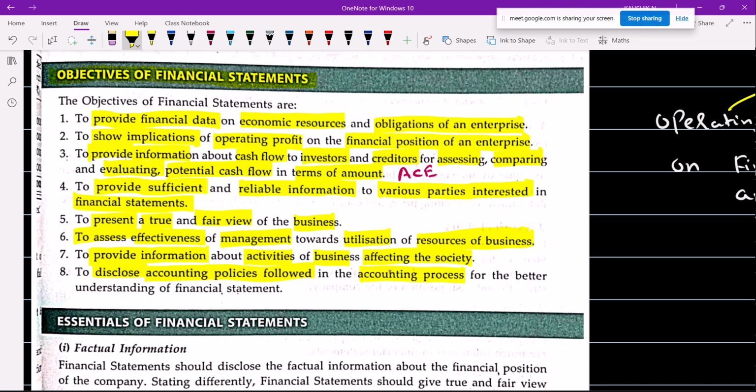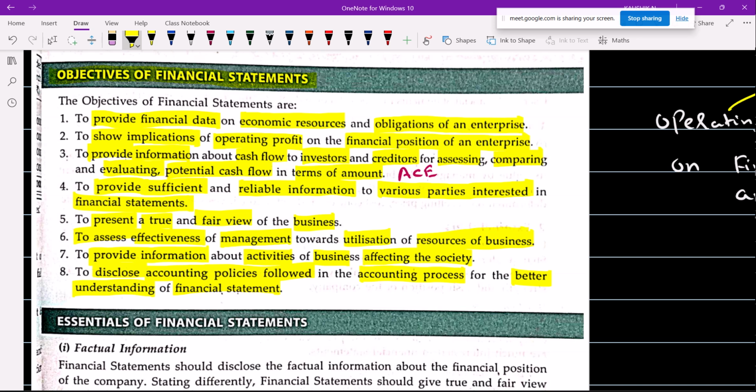That means right from journalizing, ledger preparation, trial balance, and then final accounts and balance sheet, all these come as the accounting process. So what accounting policies have we followed in the process of accounting, for a better and clearer understanding of your financial statement. These are the objectives.